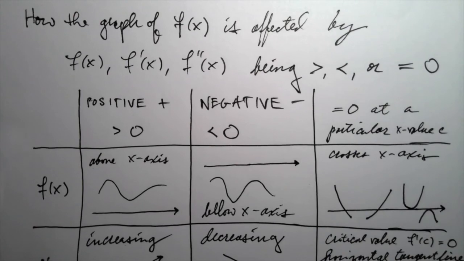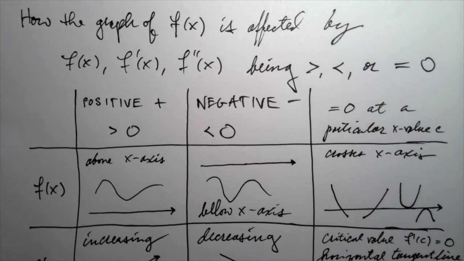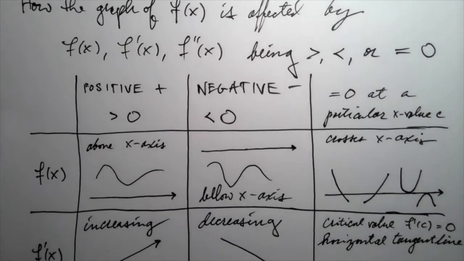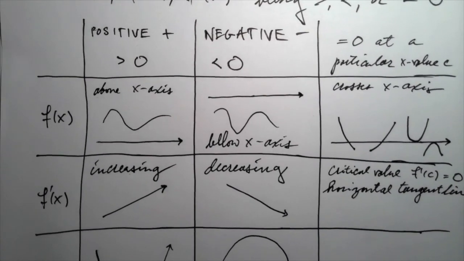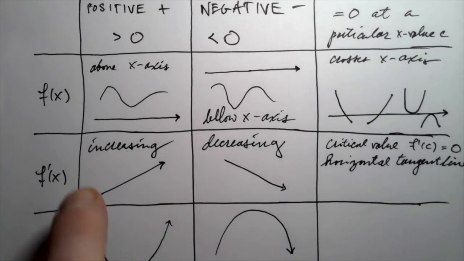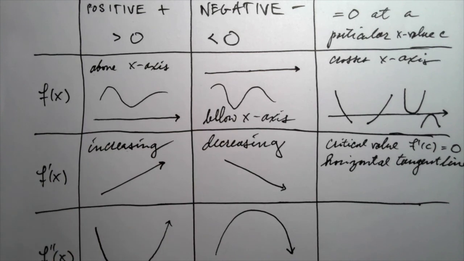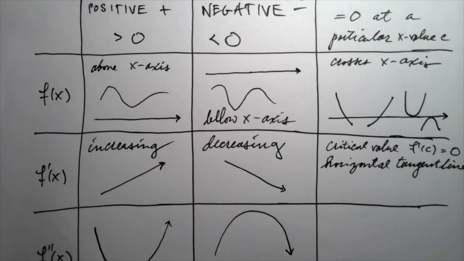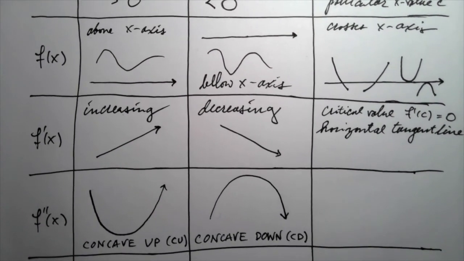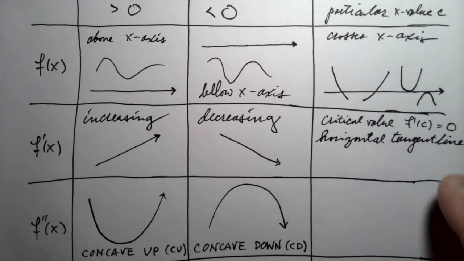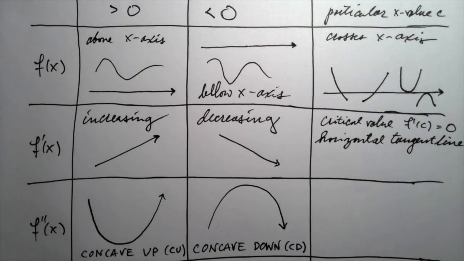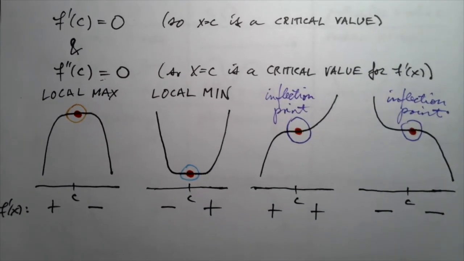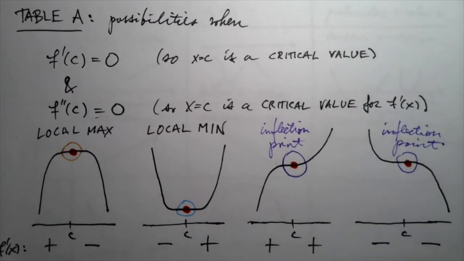Do you remember way back in the day, it feels like ages ago, many lecturettes ago, we were looking at this table, and we were talking about how the function, the derivative, and the second derivative being positive, negative, or zero affect the shape of the graph? Well, I'd just like to point out that these tables that we just filled out are actually telling us about these harder boxes, right? So for example, we considered what happens when the first derivative is 0 and the second derivative is 0.